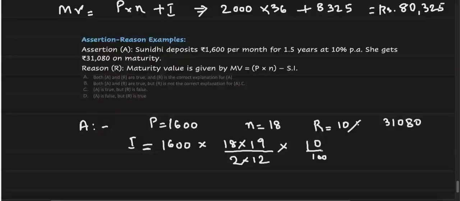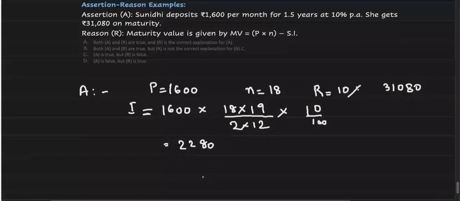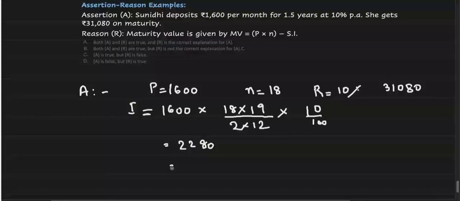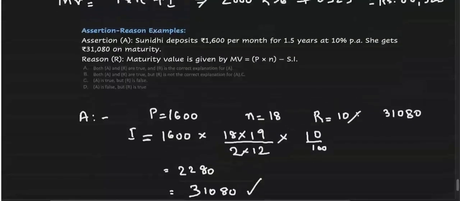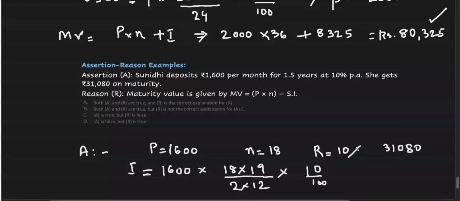I'm getting the same answer, which is 2280. If I add 2280 to P into N, I will get 31,080. So I am getting the same 31,080. However, the reason for getting that answer is wrong.